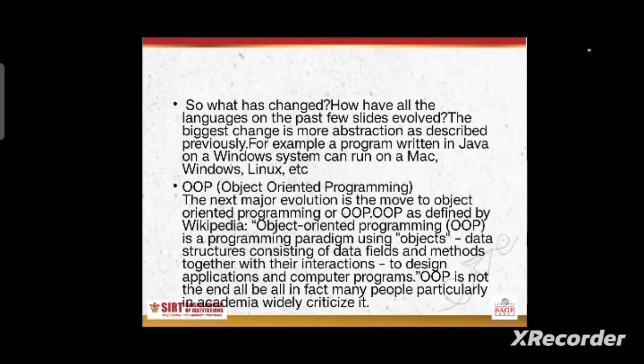Like if we want to reuse our code, then by using object oriented concepts, we can use the code again and again. If we want to provide security, then we can use polymorphism. And if we want to use the code again, then we can use inheritance.